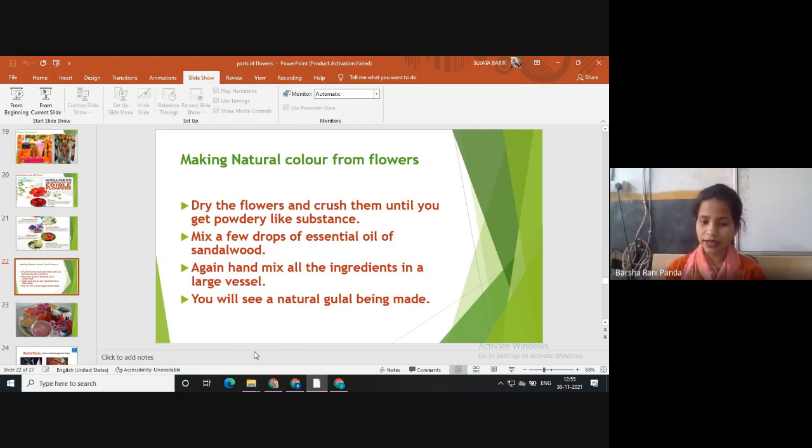Then we mix it again, and we can see a very attractive gulal or color is made from the flowers, which you can use in painting like Madhubani and Kalamkari. In these paintings, natural colors are used, so we can use flowers for making natural colors also.